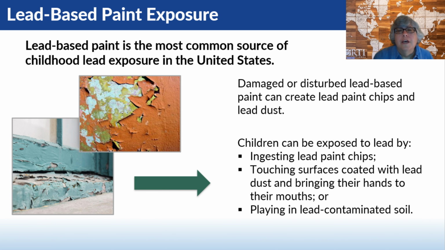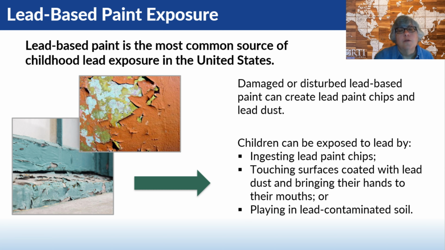Why does it matter if lead-based paint is in some buildings? While lead-based paint was used for durability, it can pose a public health concern when it is not safely managed. Deteriorating lead-based paint from wear and tear or renovations can cause paint chips and lead in dust to accumulate inside the building.